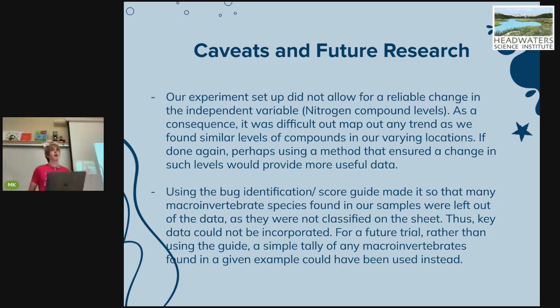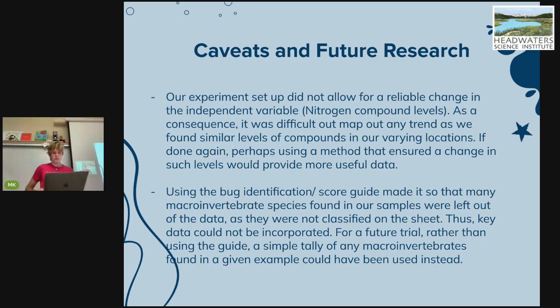You guys saw it was only like 20 species, so it was very limited. A lot of times we would find macroinvertebrates in our sample that we just couldn't count as data because they weren't on the chart. That impacted our data hugely, because we could have a sample with a bunch of bugs, but that would be a bug score of 0 because none of them were on the chart.